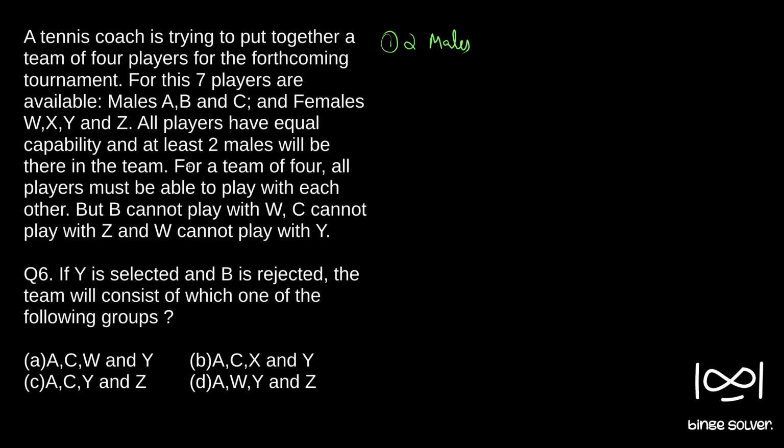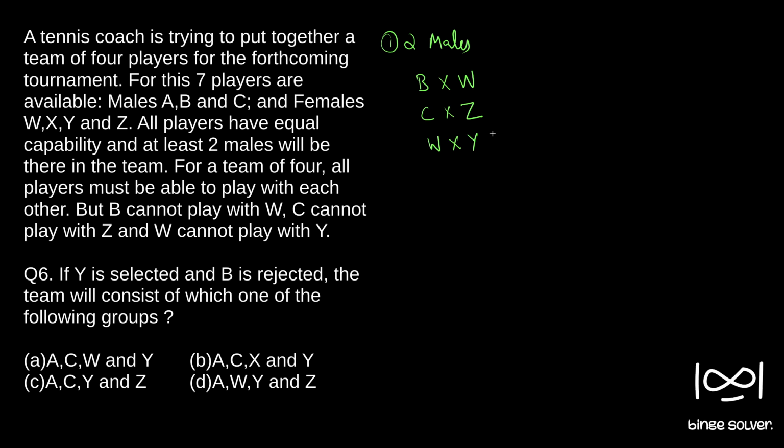The second point is, for a team of 4, all players must be able to play together, but B cannot play with W. Similarly, C cannot play with Z, and W cannot play with Y. So these are the information given.